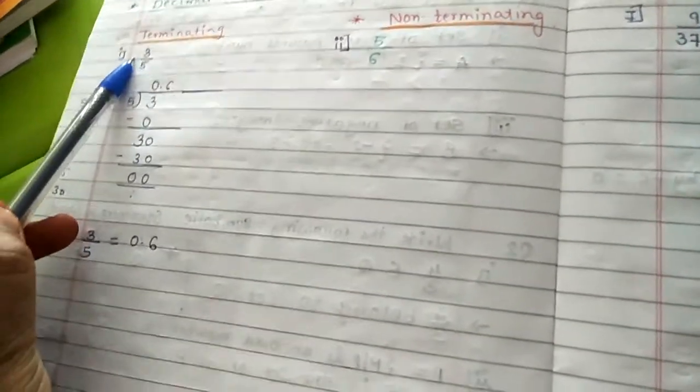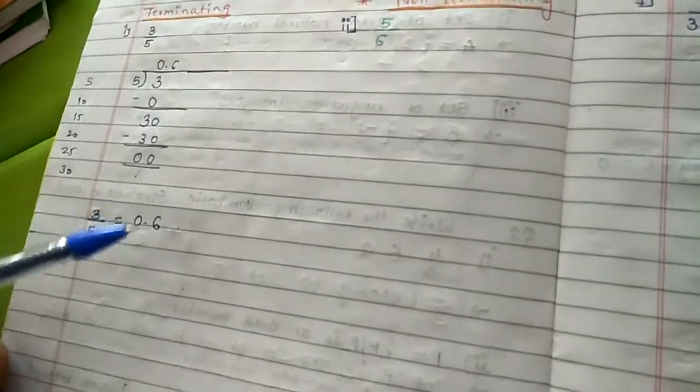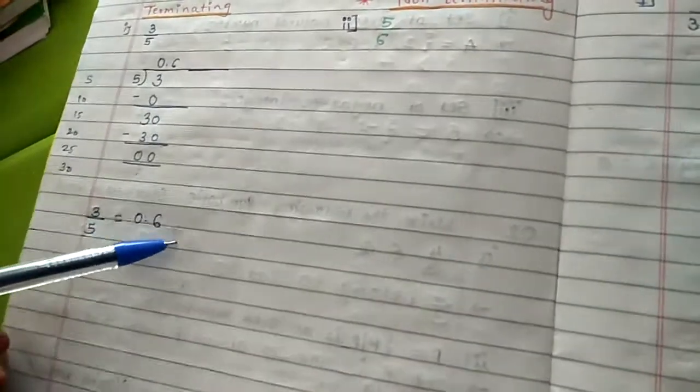It is nothing but 0.6. So this rational number is nothing but a terminating number, and the terminating decimal form of this rational number is 0.6.